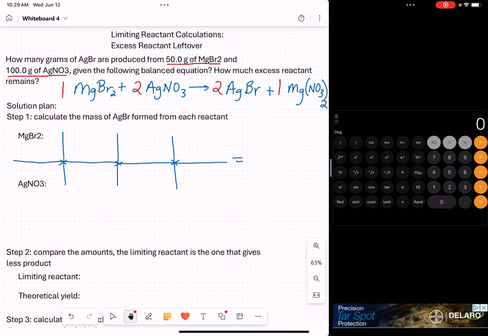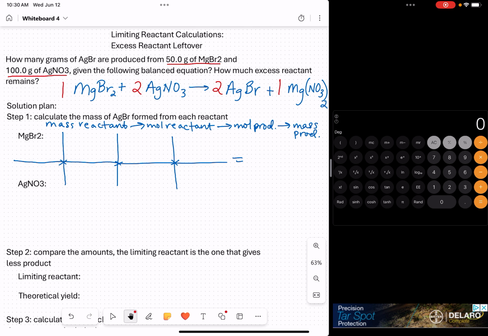In each of these, I'm going from the mass of reactant, converting to the moles of that reactant, then converting to the moles of product, and then the mass of the product that we're interested in. And in this case, that product is silver bromide. So those are my 3 steps.